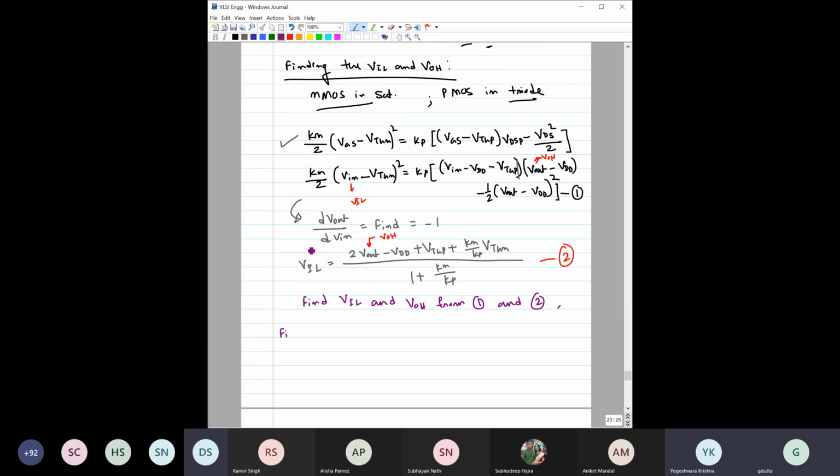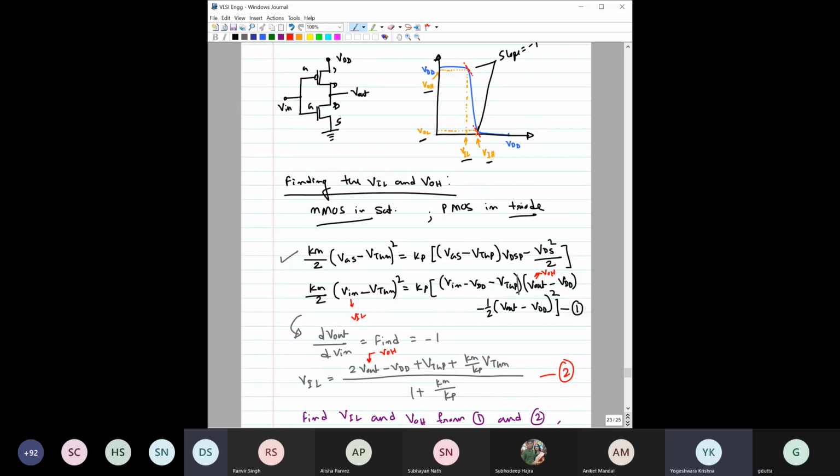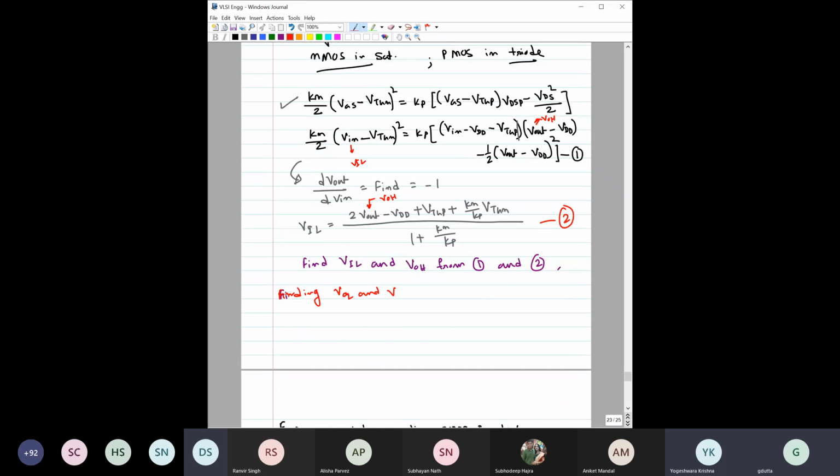So here we have to write this one, finding VOL and VIH. In this case, NMOS, please say it again, NMOS in which region? NMOS in triode.